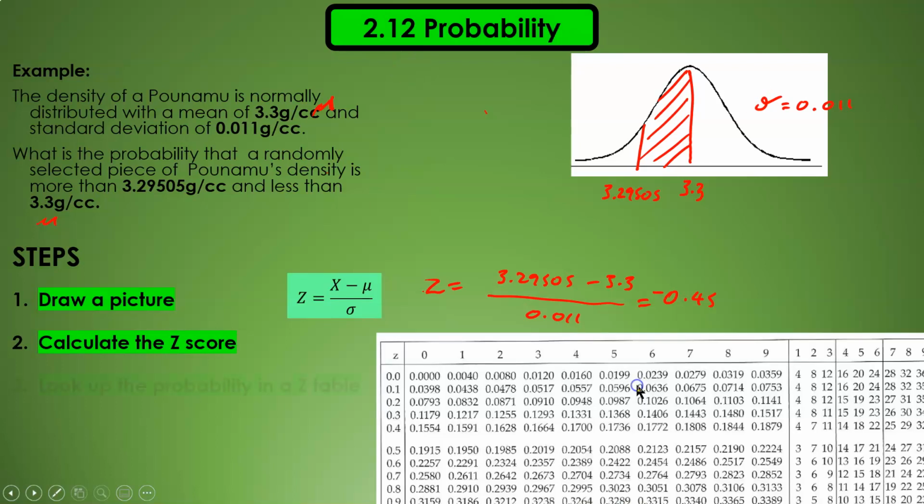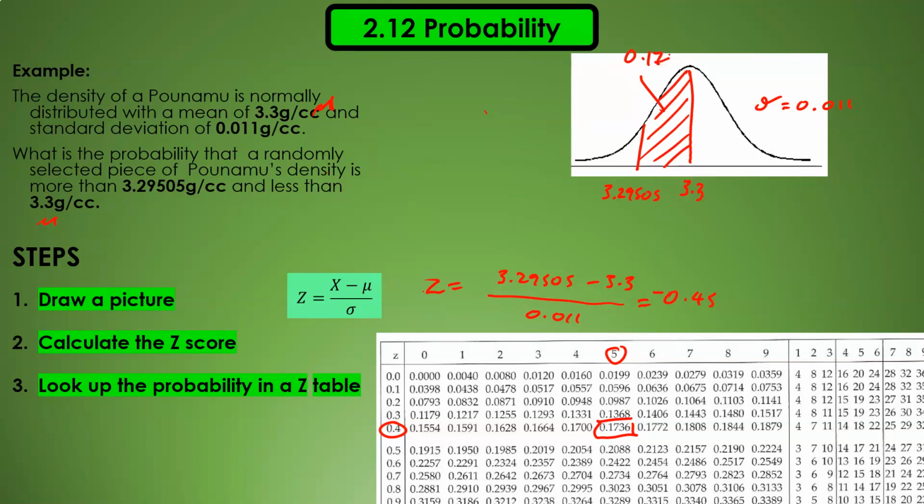So back to our chart, we've got 4 and 5, so that means we end up with 0.1736.